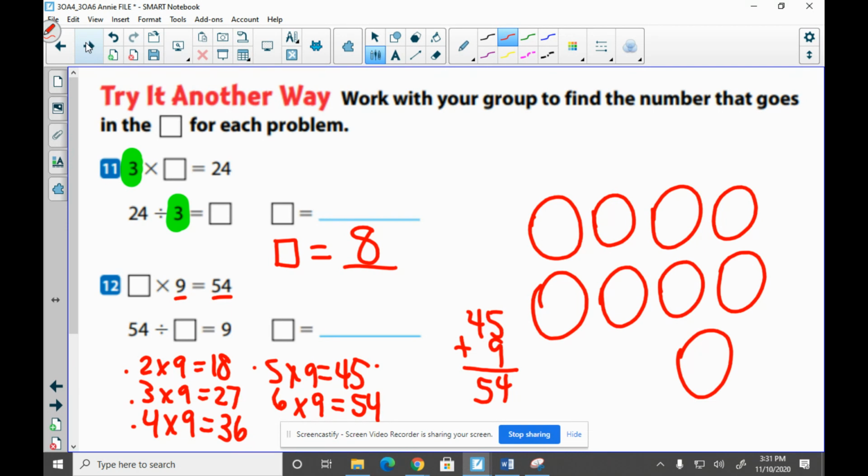So I'm going to count out 54, share it equally among the 9 groups. 1, 2, 3, 4, 5, 6, 7, 8, 9, 10, up through 54. And yes, that's proving that 9 groups of 6 makes 54.